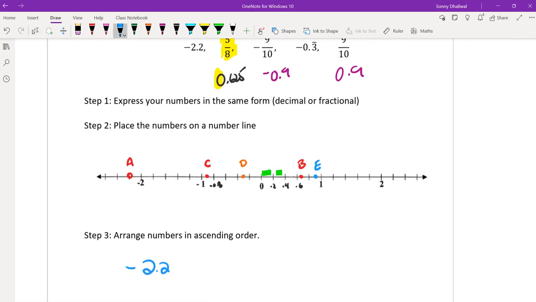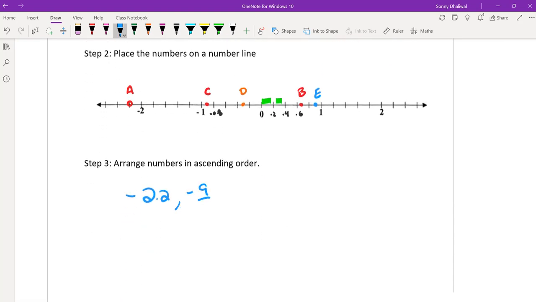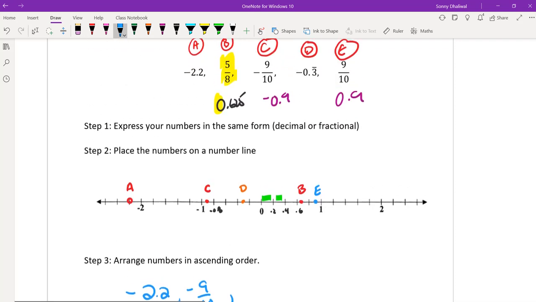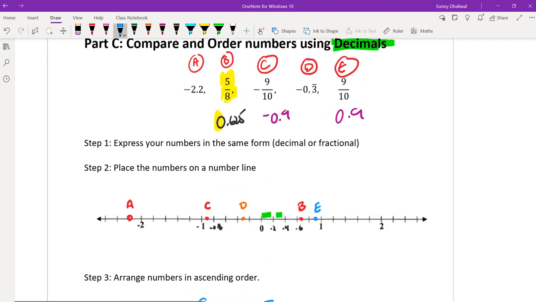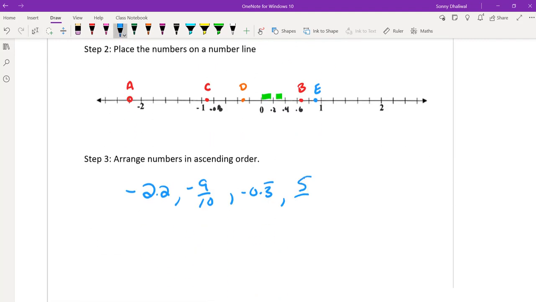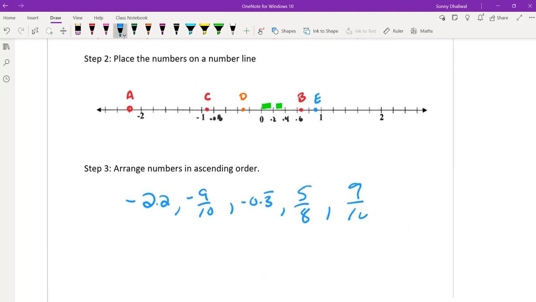Then we go to C, that would be our negative 9 over 10. Then we go to D, which is negative 0.3 repeating. Then we go to B, which we said was 5 over 8. And E, we said was 9 over 10. And that's it. Pretty straightforward? Yeah. Okay.